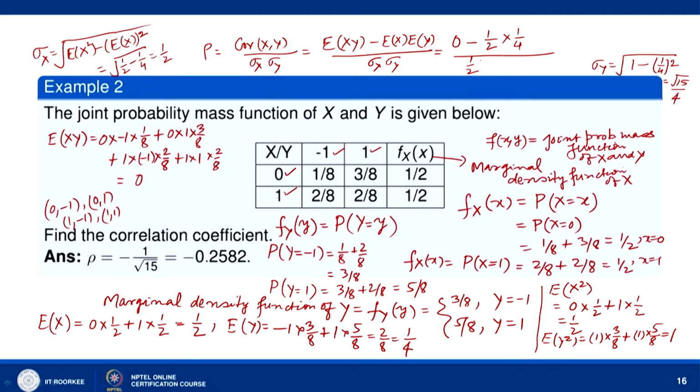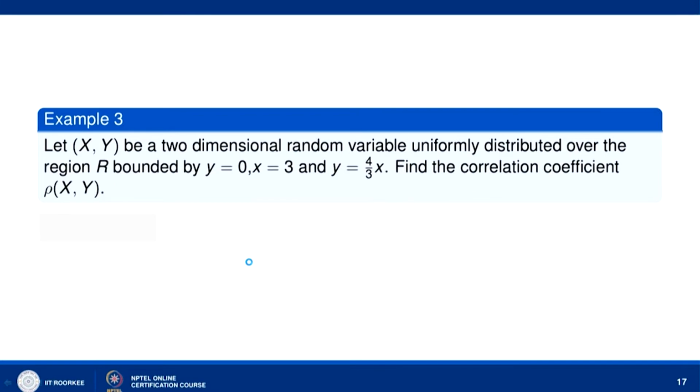So we get square root 15 by 4 here. This cancels with this, and we get minus 1 by root 15. So rho is equal to minus 1 by root 15, which is equal to minus 0.2582.